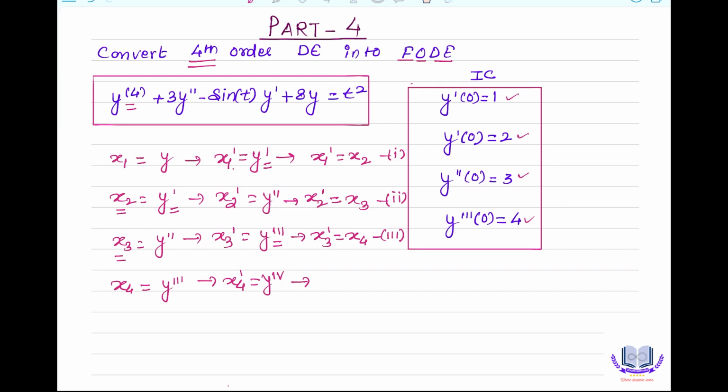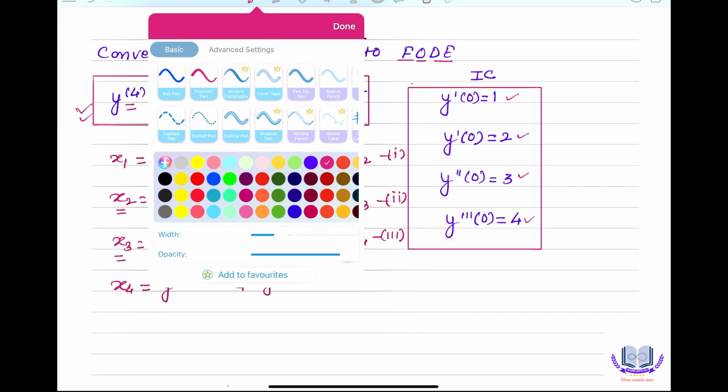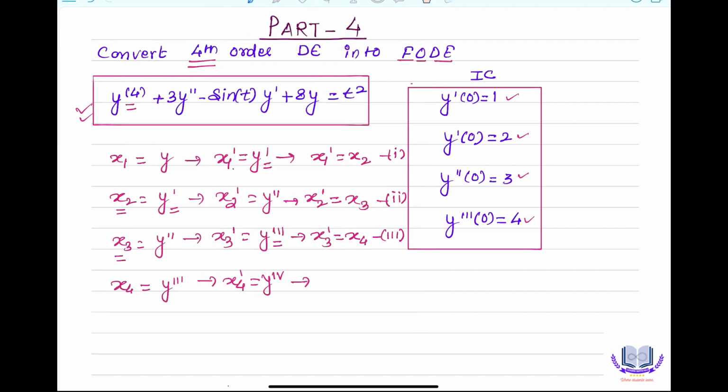So the fourth equation we will get from the main equation. Whatever equation is given, we have to convert this equation like that. So let's see how we can convert this. Okay. So y fourth order dash equals, we will get here t square. So we will start with the lowest variable, that is y, minus 8y, okay, plus sin t y dash and then minus 3y double dash.